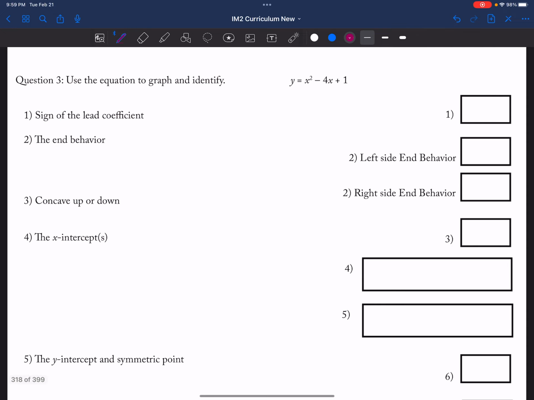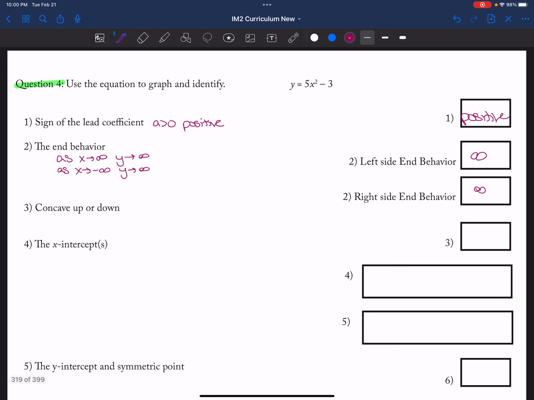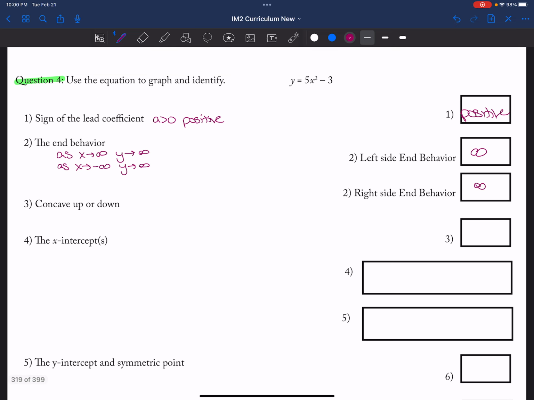All right. Okay, so for my leading coefficient, a is greater than 0, so this is positive. As x approaches infinity, y approaches infinity. As x approaches negative infinity, y approaches infinity. Concave upward.